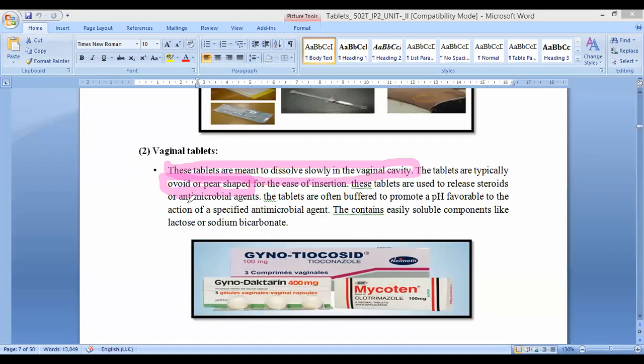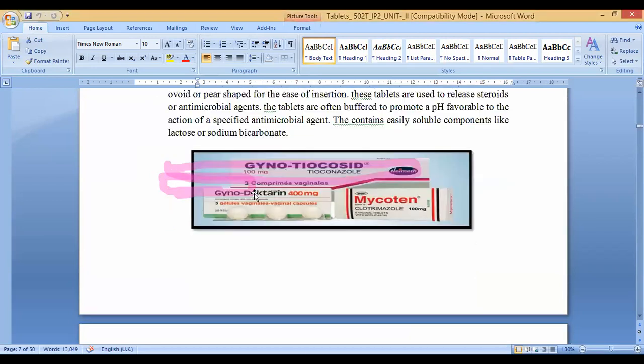The tablets are often buffered to promote a pH which favors the action of the specified antimicrobial agents added into the formulation, and the contents easily get solubilized in the vaginal pH. Excipients used are such as lactose and sodium bicarbonate.